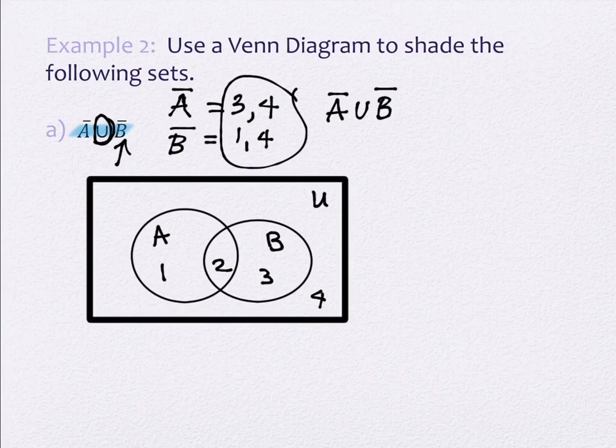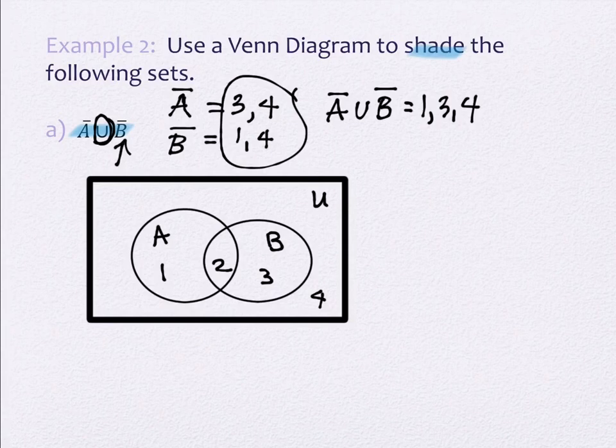And we need the union of 3, 4 with 1, 4. What does union mean? All of them. What's yours is mine and mine is yours. When I'm doing a union, I get everything. So I'm going to list 1, 3, and 4. But now I need to go back to the question and do what it told me to do. And it told me to shade the diagram.